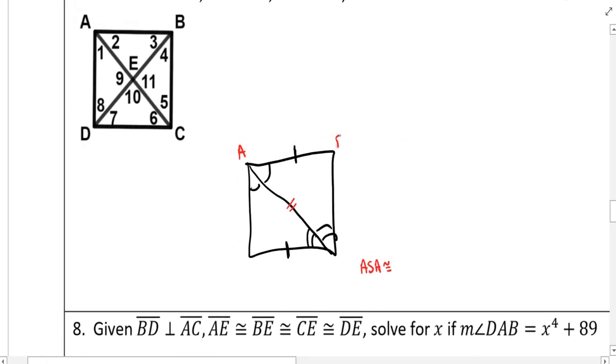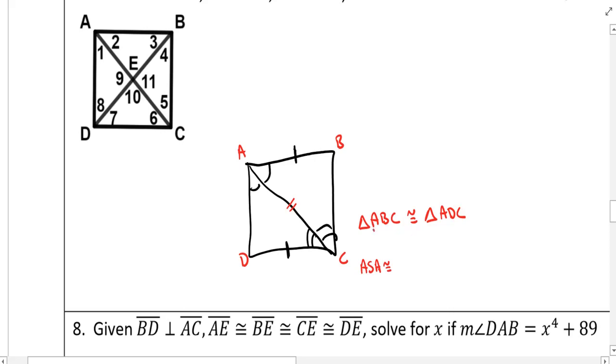We got A, B, C, D, and so what we're saying is that triangle ABC is congruent to triangle ADC. Now look at the correspondence here.